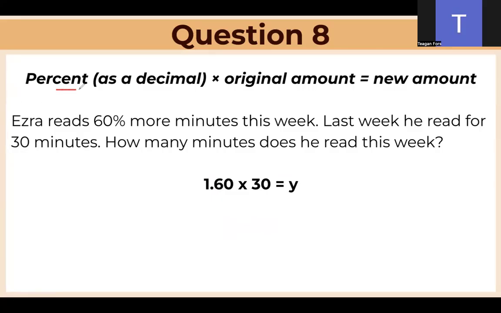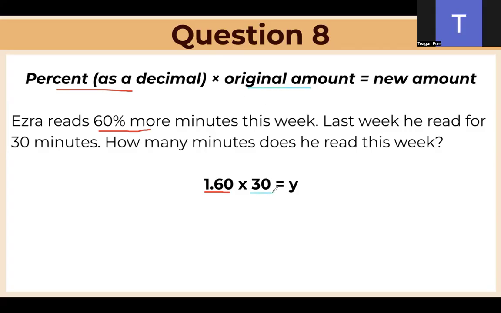So, percent as a decimal, we are going with 1.6. Why? Because Ezra reads 60% more minutes this week than last week. So last week is our 100%. If he's reading 60% more, we're adding that on. So we're taking the 100% we already had and we're adding 60% for a total of 1.60. The original amount that he read for last week is 30 minutes.